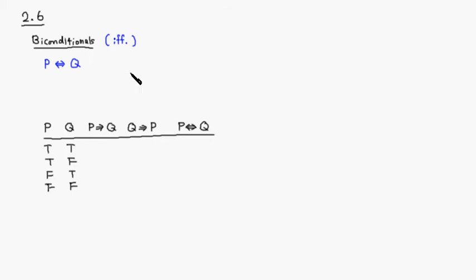The bi indicates that it's a both-sided conditional, so it's actually a conjunction of P implies Q, and also Q implies P.